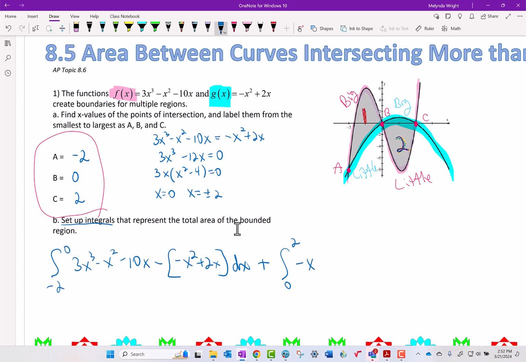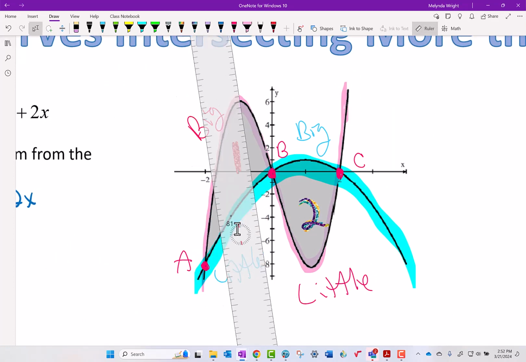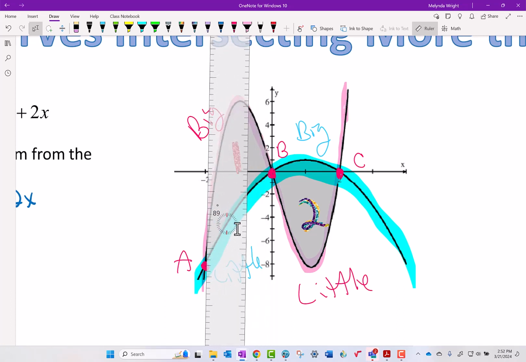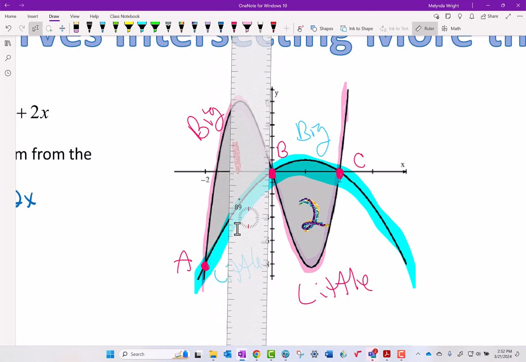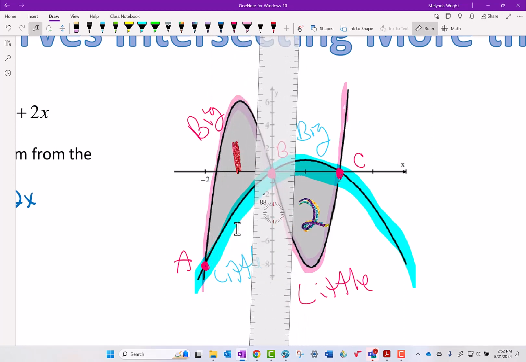Wait, I'm kind of confused on how to know the difference between the big and the little. Sure. So if we're focusing on just this, I'm just going to get a ruler out. What I want to do is figure out which one is the taller one. In other words, which one has the largest y values. As we're moving this along, the one that has the largest y values is actually in this part consistently the pink one, right? As I move this along.